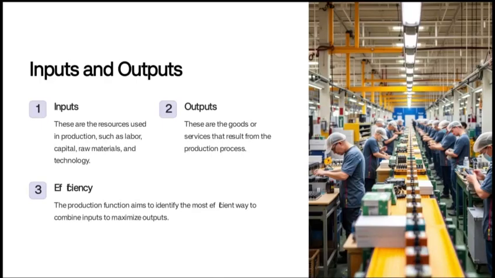Inputs: these are the resources used in the production, such as labor, capital, raw materials, and technology. Outputs: these are the goods or services that result from the production process. Efficiency: the production function aims to identify the most efficient way to combine inputs to maximize outputs.